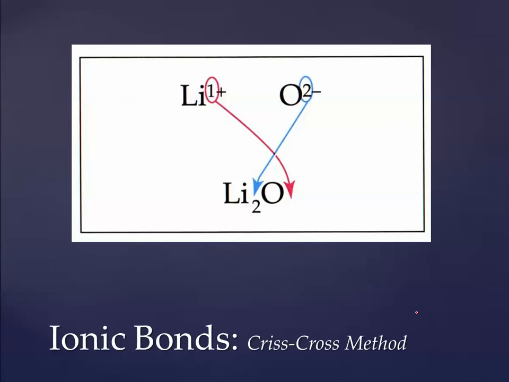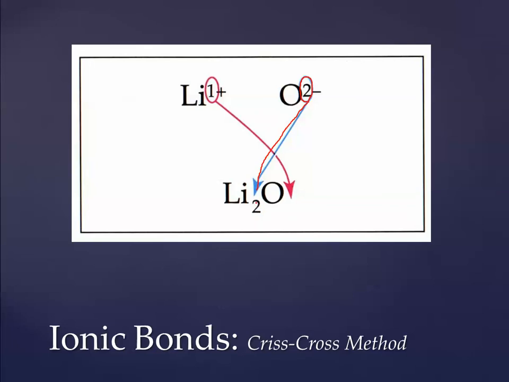There's an easier way to do this though, and this is called the crisscross method. In the crisscross method, we take the charge of one ion and that turns into the subscript for the other ion. So in this case, oxygen has a charge of -2. So we take just that numeric value, just the 2, we leave the negative in place, and we drag and drop so it becomes Li2.